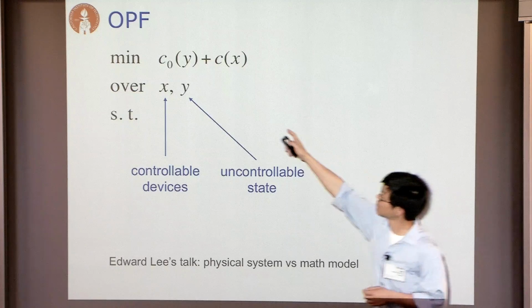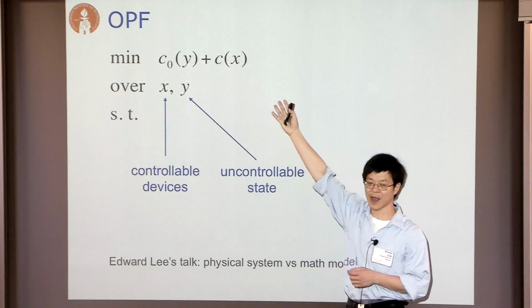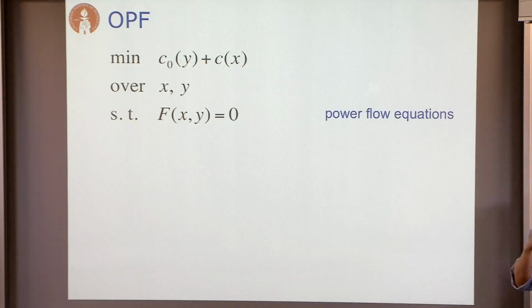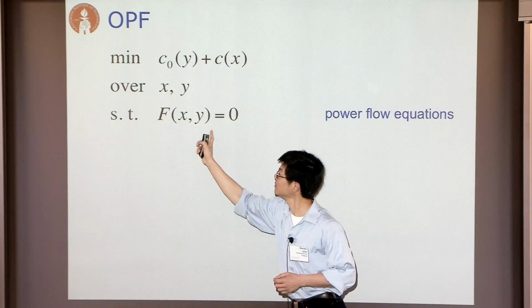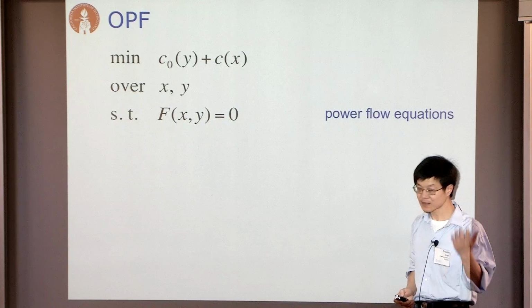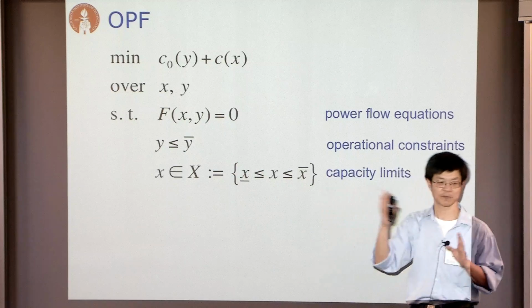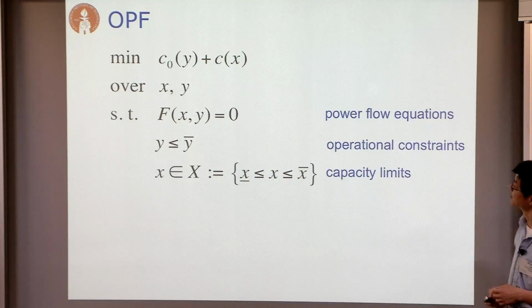So the OPF, you can write it in, say, you want to minimize certain costs. You separate in X, Y, but it doesn't have to be over these two variables, subject to two sets of constraints. One is the power flow equations that we saw, which is simply some nonlinear equality. The second set of constraint is simply some simple box constraint. So this could be, say, the voltage bounds or generation bounds and so on. Right? So simple box constraints.